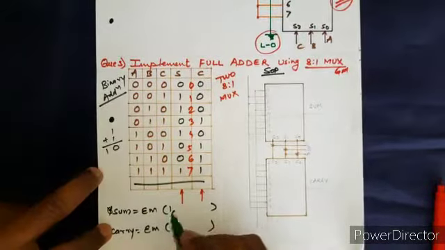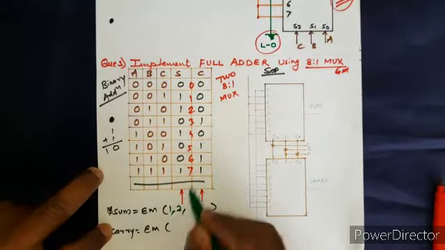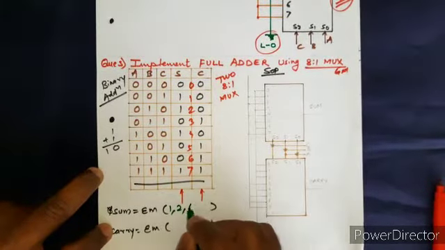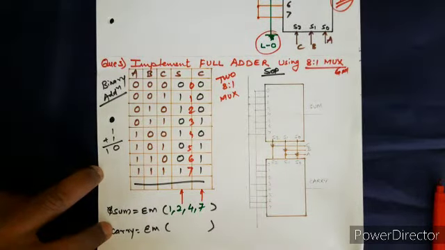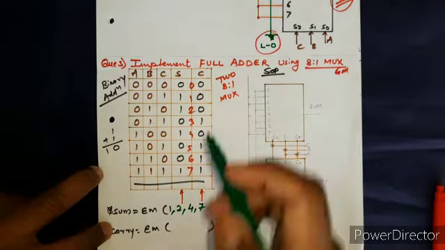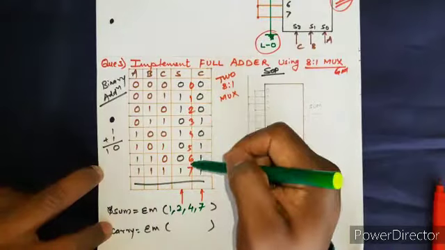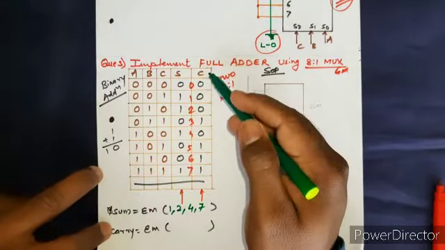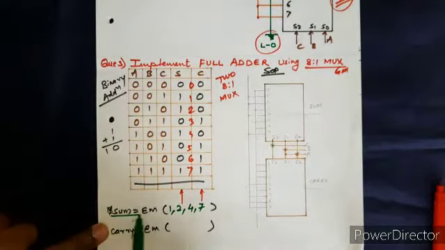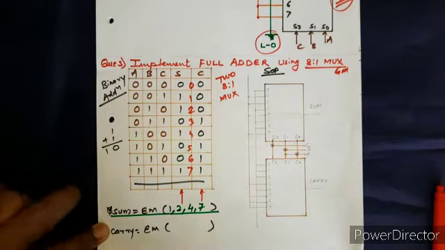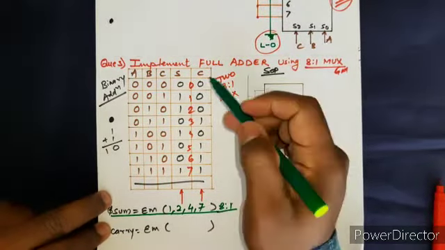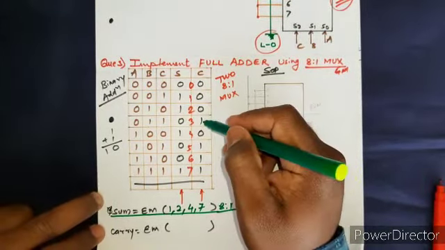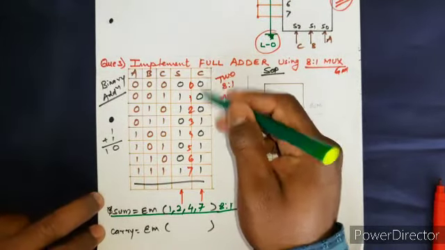It is 1, 2, 4 and 7. Now this is the equation for sum, summation m of 1, 2, 4, 7.